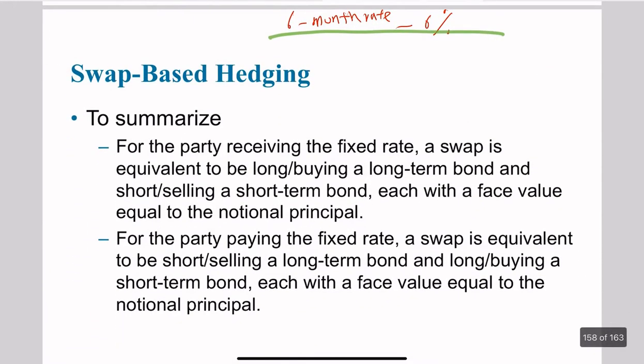Okay, let me be repetitive here because I think this might be confusing, so it's worth repeating. So to summarize, for the party receiving the fixed rate, a swap is the same as a long position in the long-term bond and a short position in the short-term bond. Each bond with a face value equal to the notional principal.